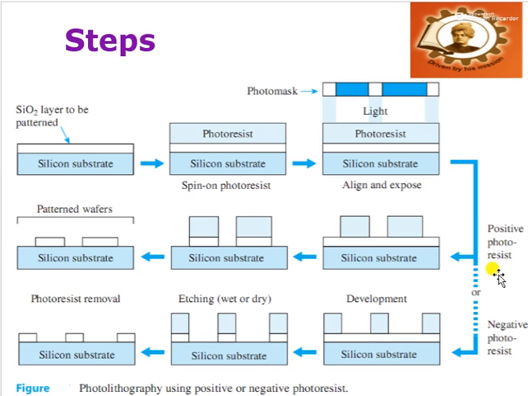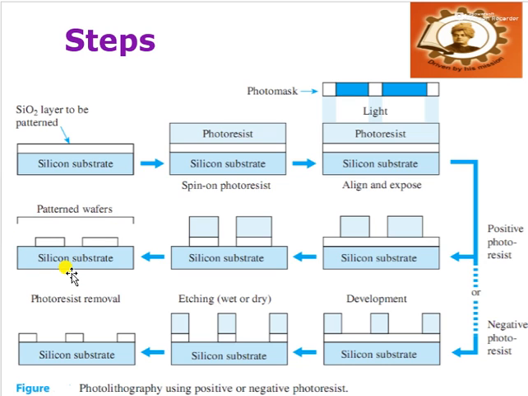In case of a positive photoresist layer, the covered portion of the mask will be transferred to the silicon substrate. This is shown in the figure, and after that there will be some etching, so that the rest of the SiO2 layer is removed and then the photoresist layer is removed.